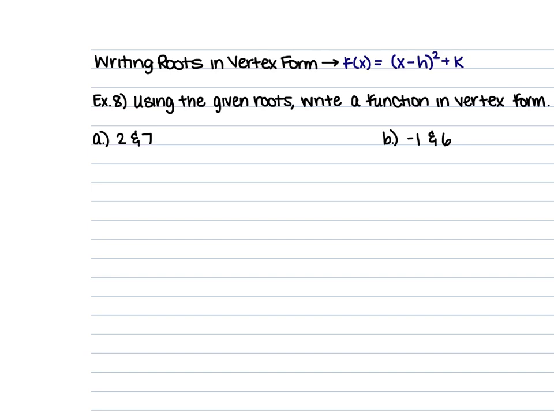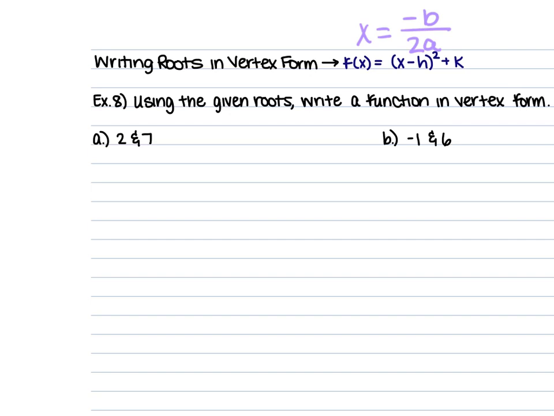Identify your a, b, and your c, and use x is equal to negative b over 2 times a. Once we find this, we are going to plug it in for that equation wherever x is, and then solve it. Once you get what y is, you are going to use that in the formula of h comma k, which is the same thing as x comma y.